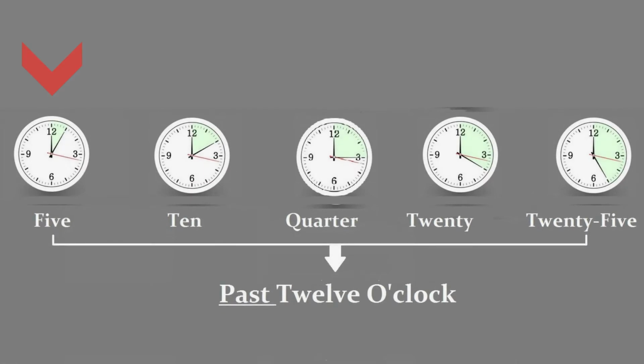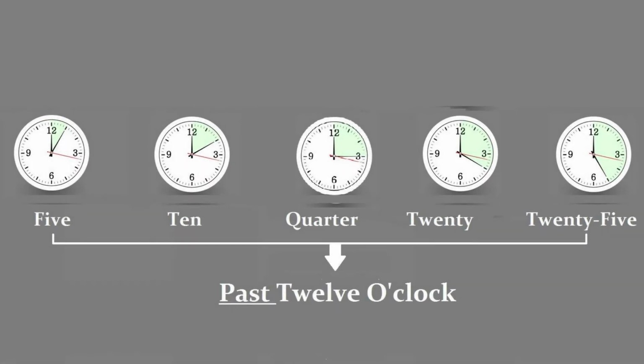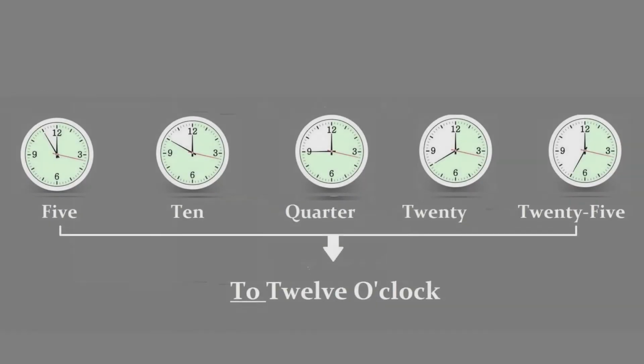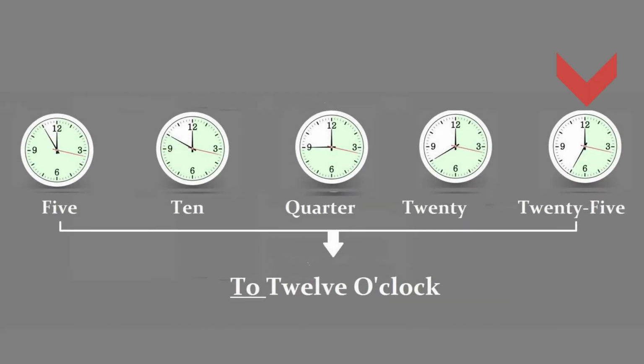We have 5 minutes, 10 minutes, 15 minutes or quarter, 20 minutes, 25 minutes. On the left side, we have 25 minutes, 20 minutes, 15 minutes or quarter, 10 minutes, and 5 minutes.